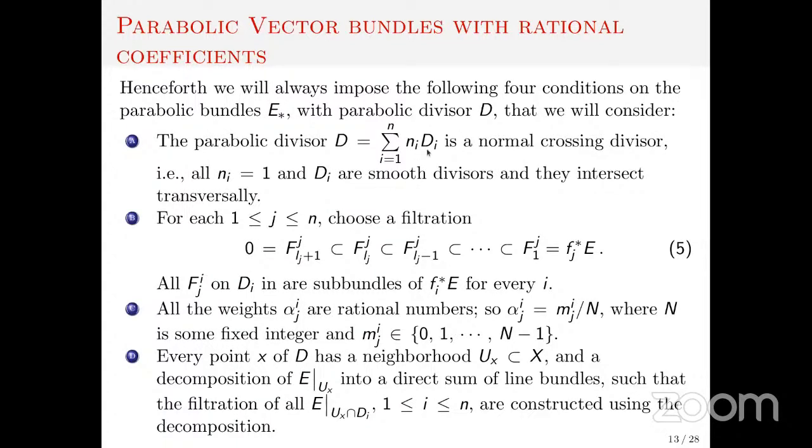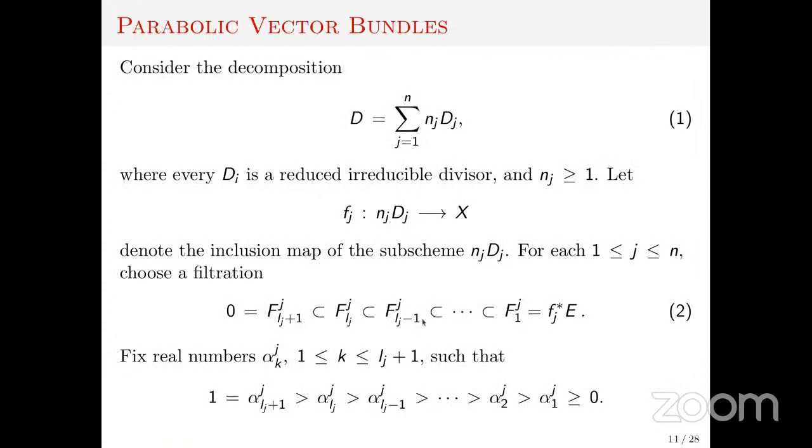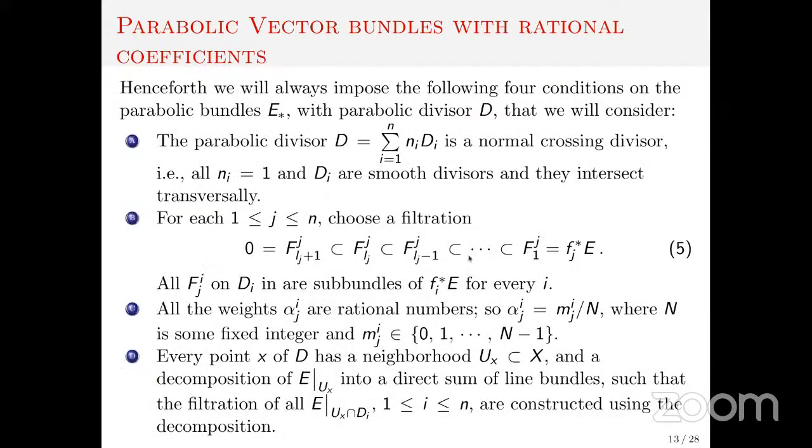And for each component D_i, the filtration that we chose, if you can go back to this slide, this filtration, is chosen in such a way that all these F_ij are subbundles of F_i^*(V).